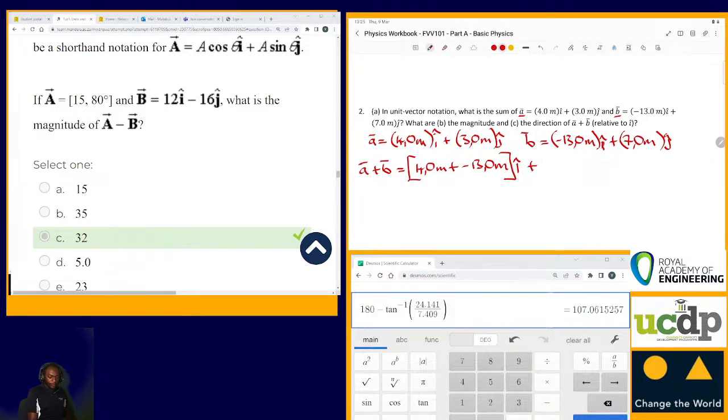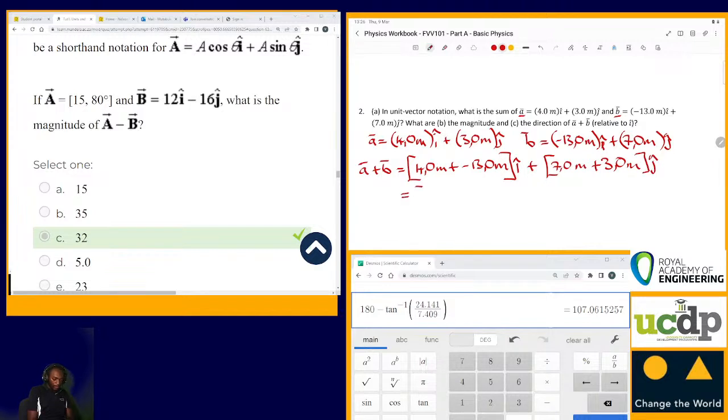Then we move on to the J components. It's going to be 7.0 meters plus 3.0 meters in the J.